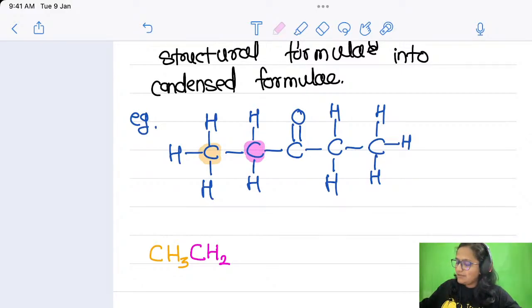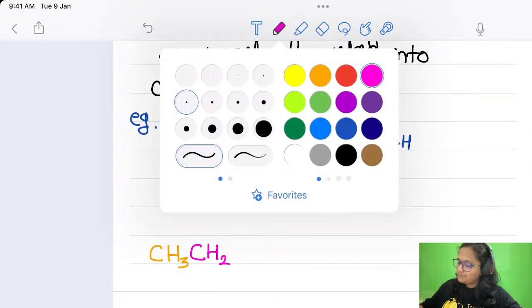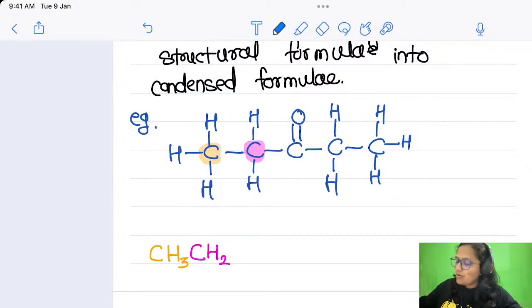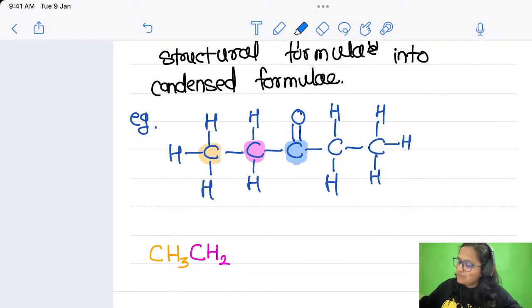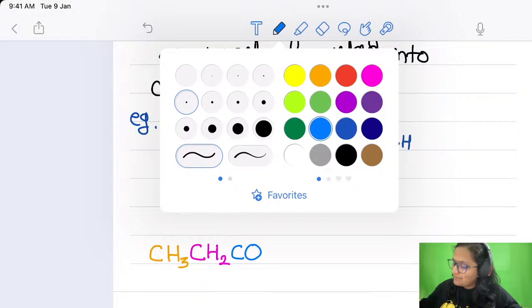Then next I'll write about this next carbon atom, which is the CO carbon, right? Now CO is nothing but the carbonyl group. So instead of writing C double bond O, we'll simply write only C, only O, that's it. Then next is this carbon atom.